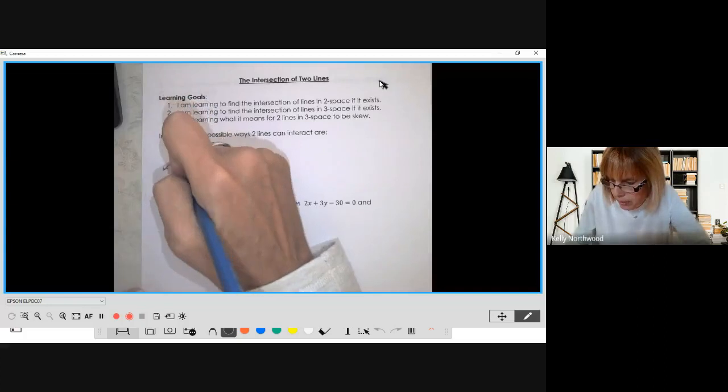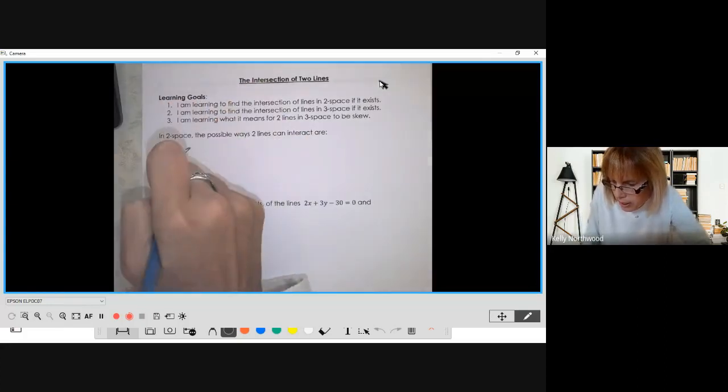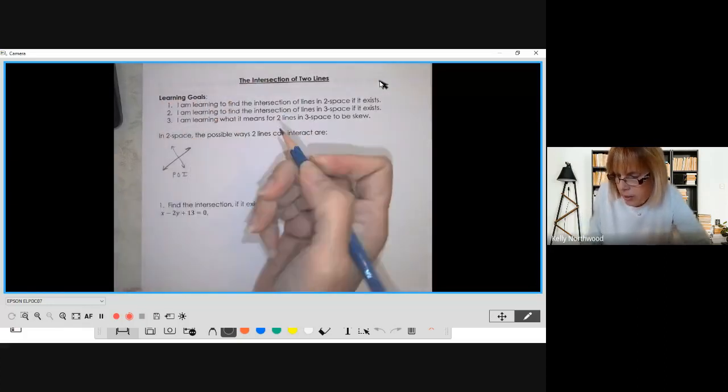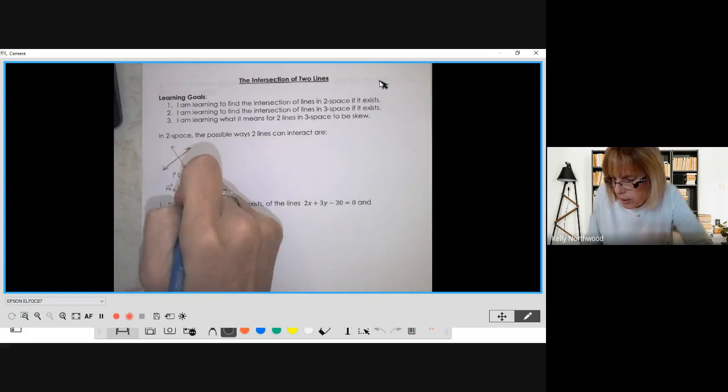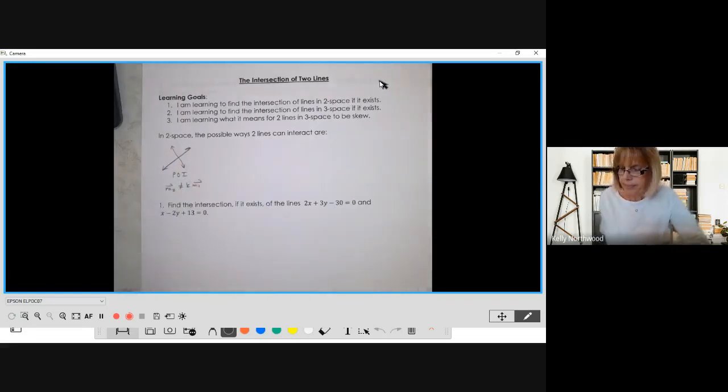So you can have a point of intersection, POI, and that results if m2 does not equal k m1. So if the directions are not scalar multiples of each other, you automatically have a point of intersection in two space.